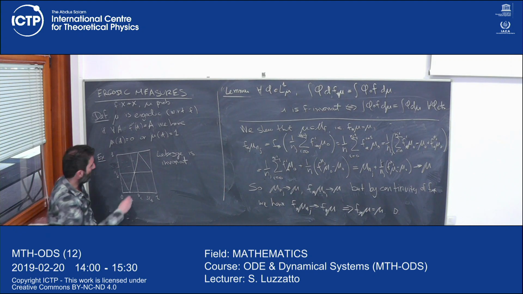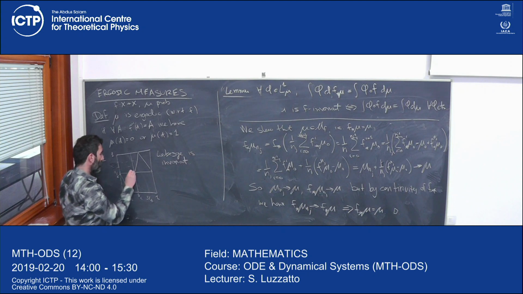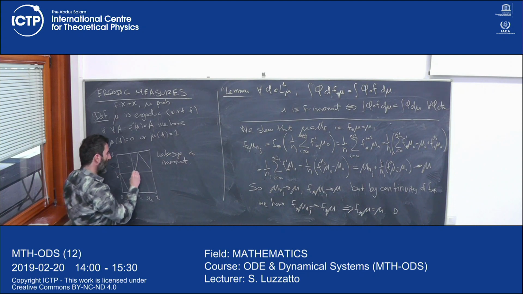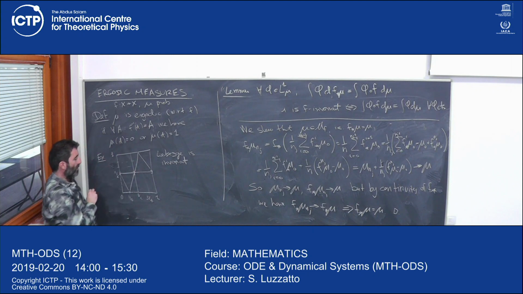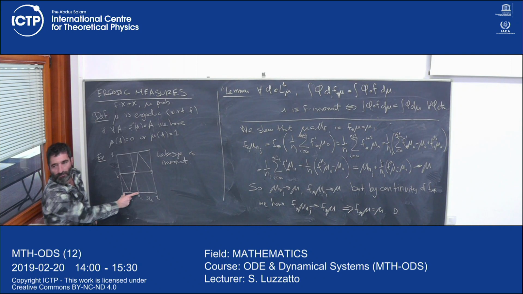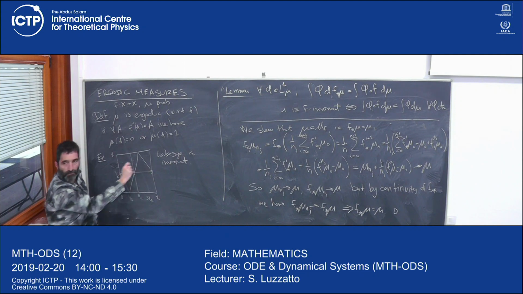Exactly. Okay? So in fact these two sets, 0 to 1/2 or 1/2 to 1, both of them satisfy this condition, right? If you take the pre-image of 0 to 1/2, it is exactly 0 to 1/2. And the measure of this is 1/2. Okay? So this shows that this measure is not ergodic, and the same here.